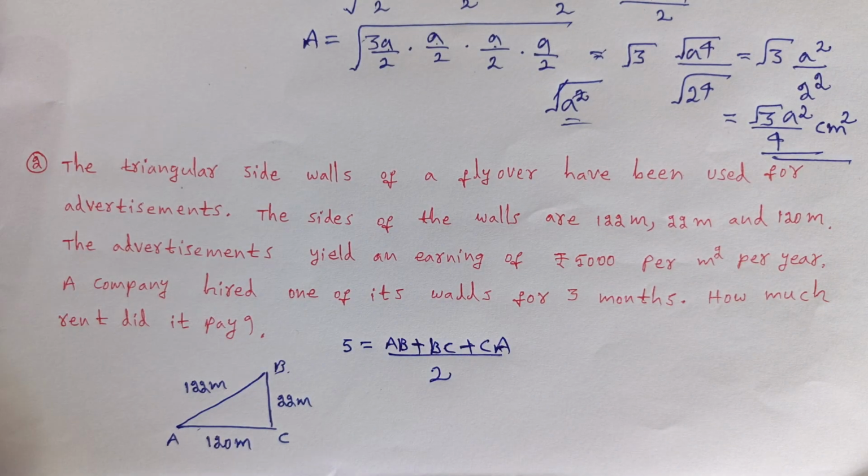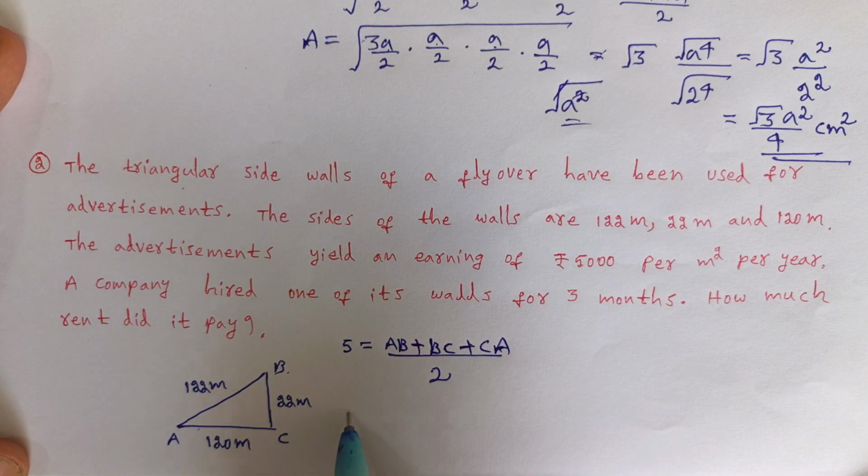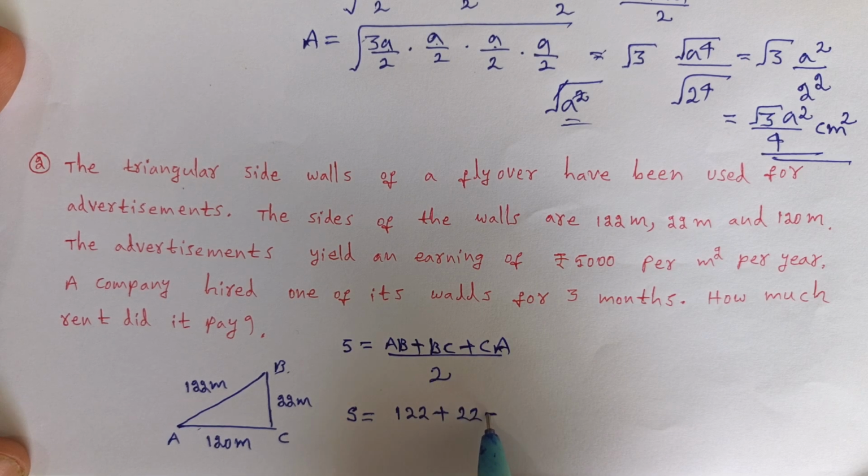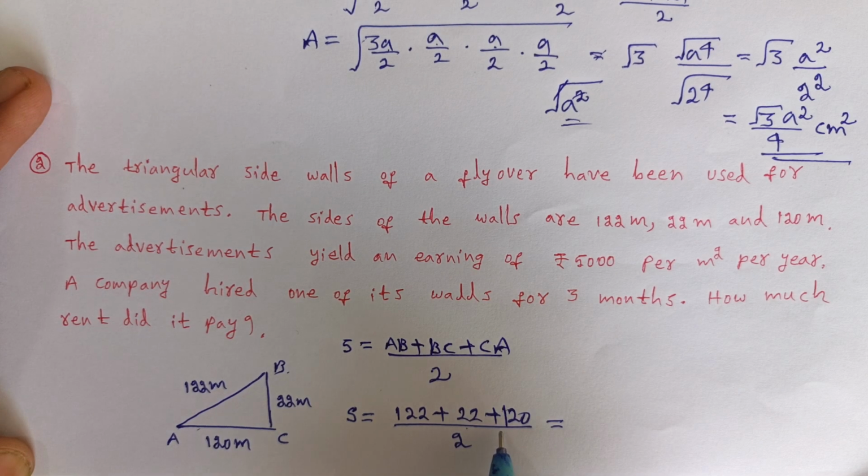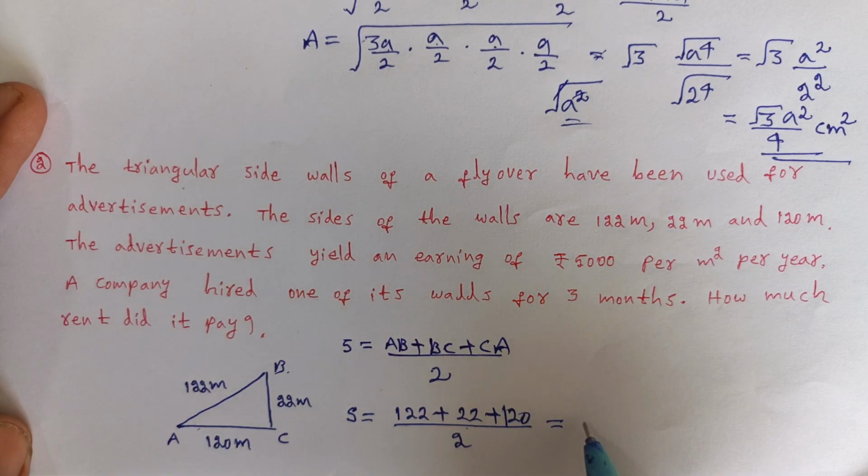If you substitute the values, you get 122 plus 22 plus 120, whole divided by 2. 122 plus 22 is 144, and 144 plus 120 equals 264.